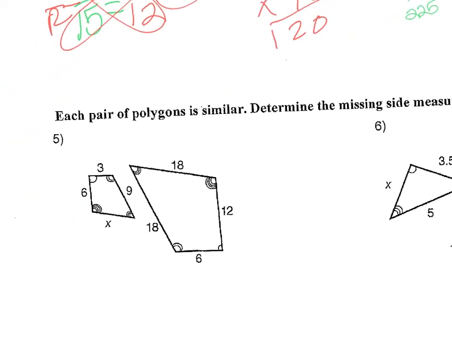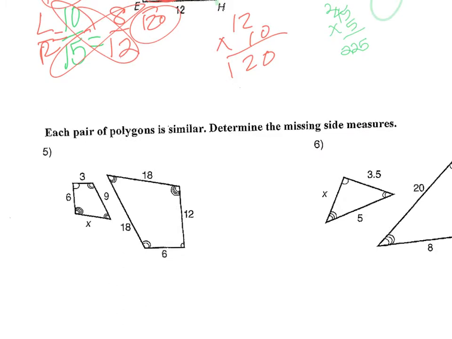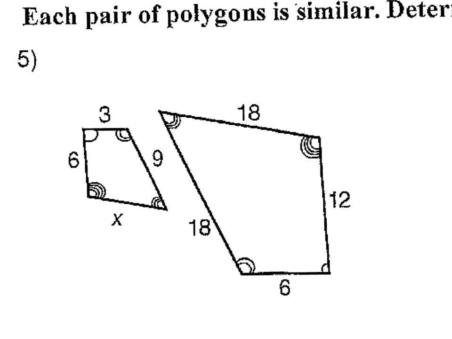Okay, last two. Each pair of polygons is similar. Determine the missing side measure. So on this one, we're looking for that missing side measure. So again, we want to use our labeling of angles skills because that's super helpful, look at how crazy these look. So I've got angle 1, 2, 3, and 4.